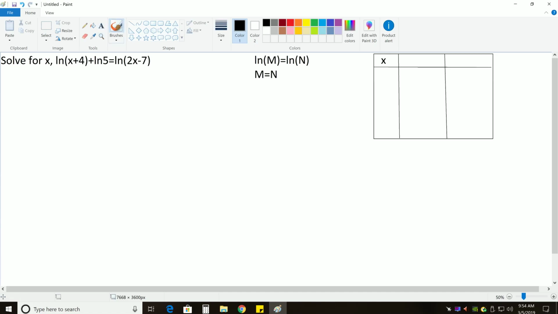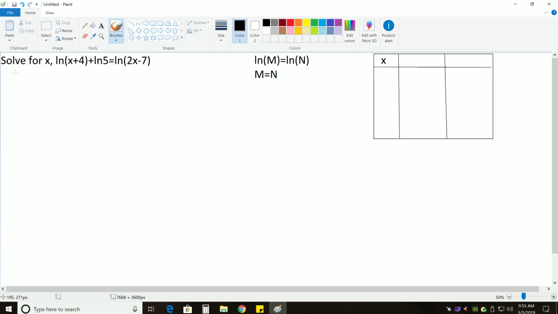So back over here, we have two natural logs being added together. Remember that whenever you have two logs being added together, we have a rule that says you can put them inside of one log with multiplication. So addition of logs of the same base is equal to multiplication inside of one of those logs.